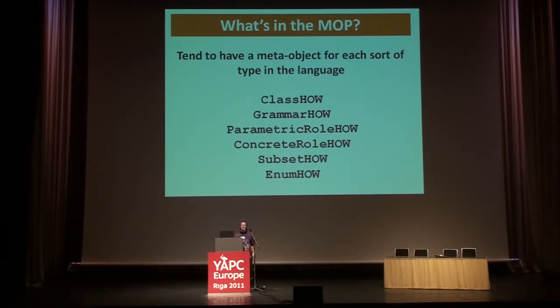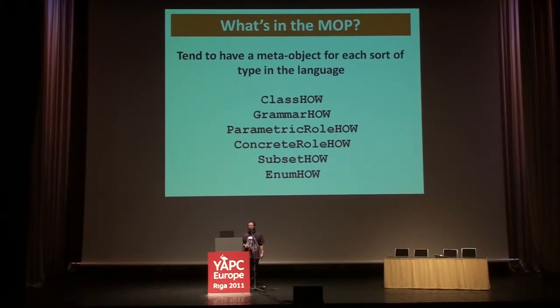So when you write a class, behind the scenes we're creating an instance of an object that's called class how, which describes how classes work. If you write a role, then we end up with parametric role how. If you write a subset, then we get subset how, and so forth. So every time you're declaring a type, we're actually getting an object behind the scenes which describes how it works.